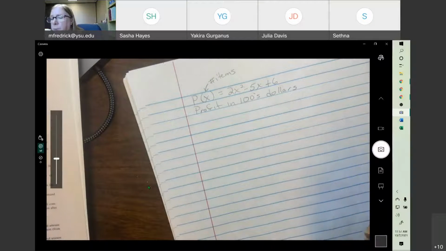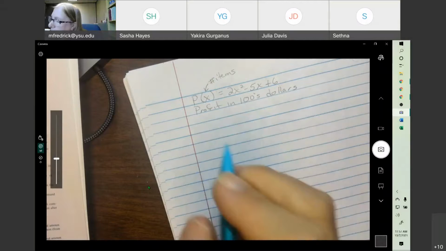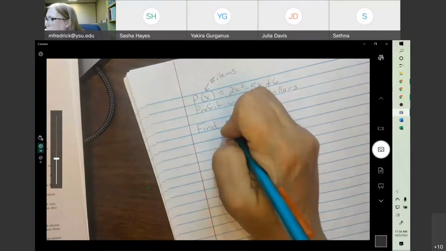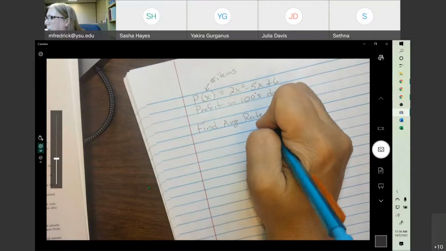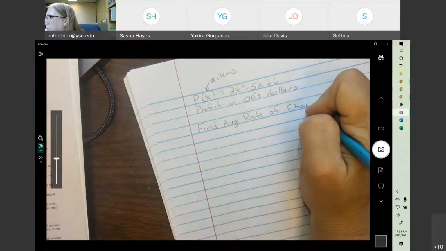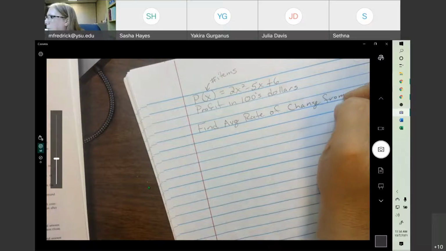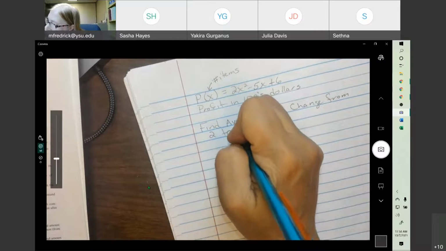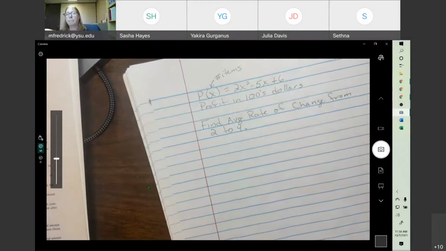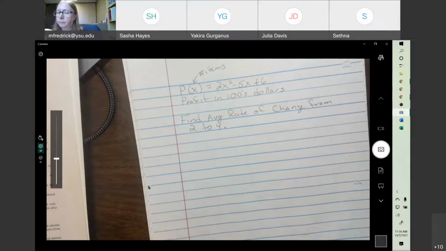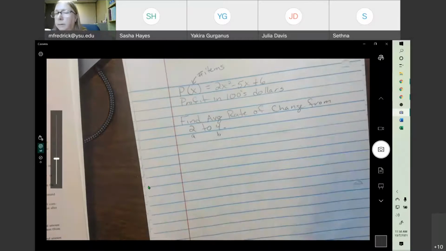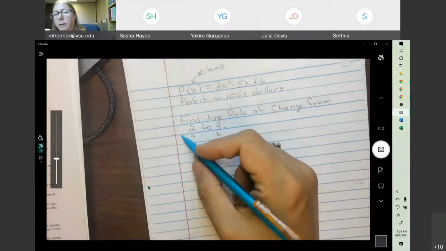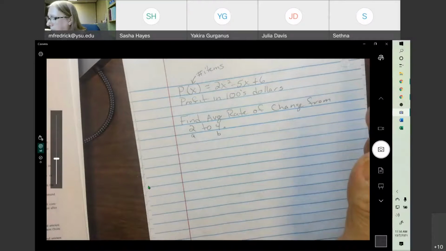Find the average rate of change from 2 to 4. So this would be our A and our B. Now, when we're plugging a lot of things in, it's up to you.